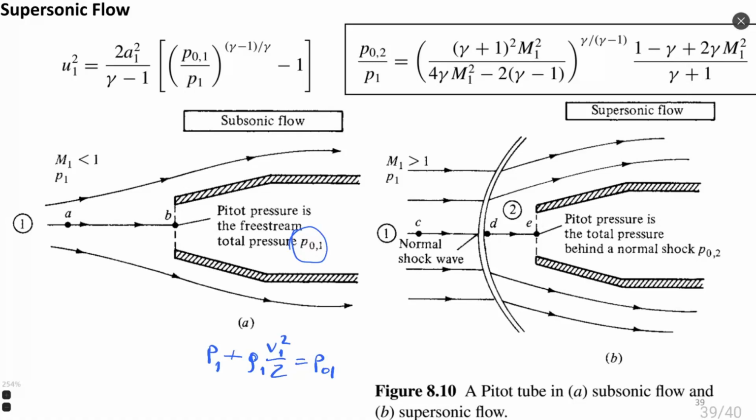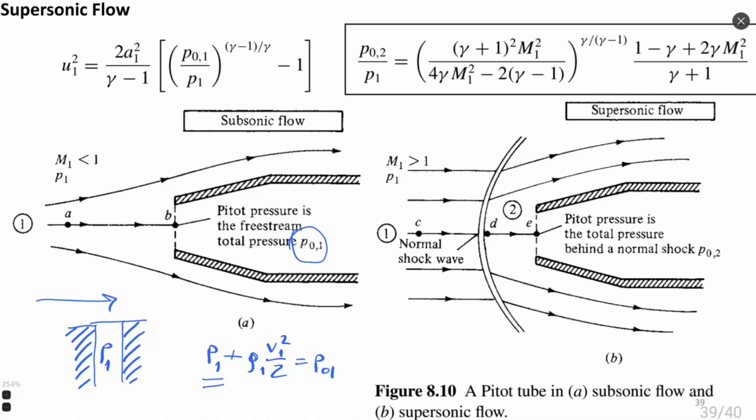From this equation, we need also to know pressure 1. Such pressure 1 we know from another pressure sensor, which is located parallel to the flow. So the tube is located like this. Flow goes like this, and we measure static pressure inside such a tube. Quite a simple tool, it can be put at any place on the wall of the airplane.